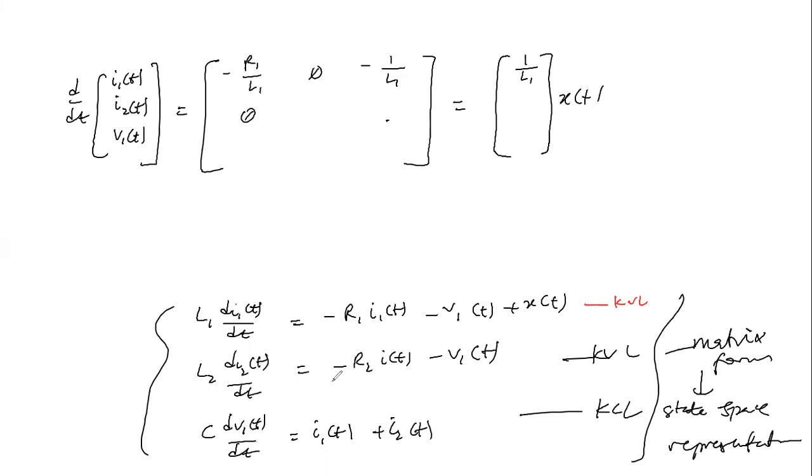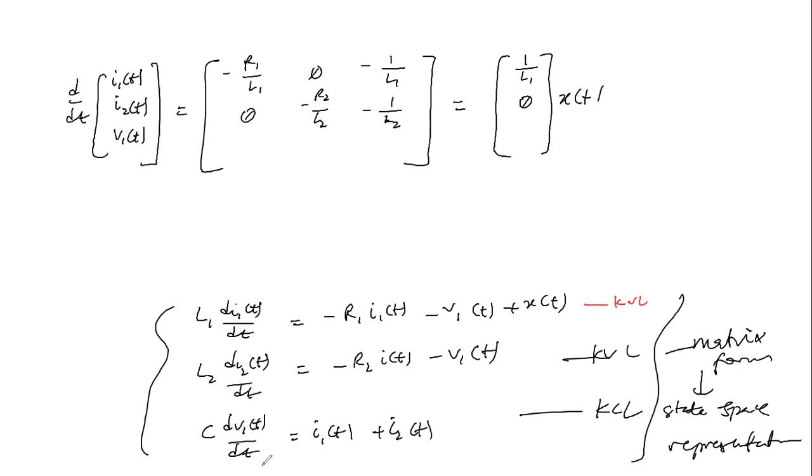Then this would be negative R2 divided by L2. Then for V, that will be negative 1 over L2. Here, there is no S component, so that's 0.